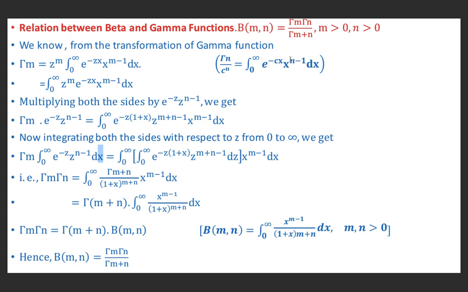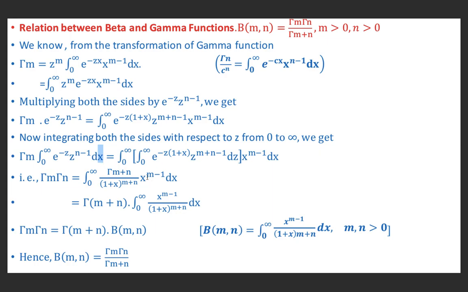And the coefficient of z, where z is the variable, is 1 plus x. So in place of c you have 1 plus x. So it will be equal to gamma n upon c raised to n, where n is m plus n and c is 1 plus x. So gamma m plus n upon 1 plus x raised to power m plus n, and this x raised to power m minus 1 dx.